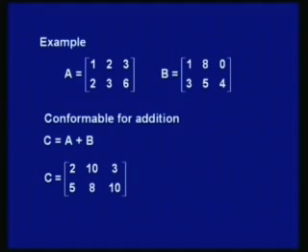One can notice that 1 plus 1 is 2, 2 plus 8 is 10, 3 plus 0 is 3, 2 plus 3 is 5, 3 plus 5 is 8, 6 plus 4 is 10.